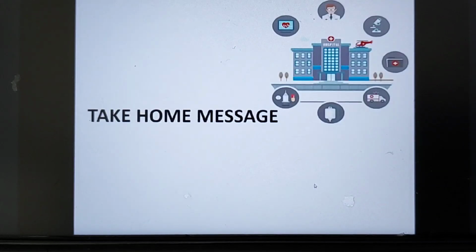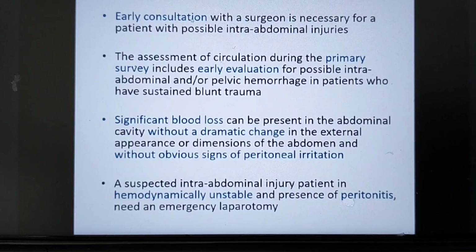So the take-home message is early consultation with the surgeon is necessary for a patient with possible intra-abdominal injury. The assessment of circulation during the primary survey includes the early evaluation for possible intra-abdominal and also pelvic hemorrhage in patients who have sustained blunt trauma.